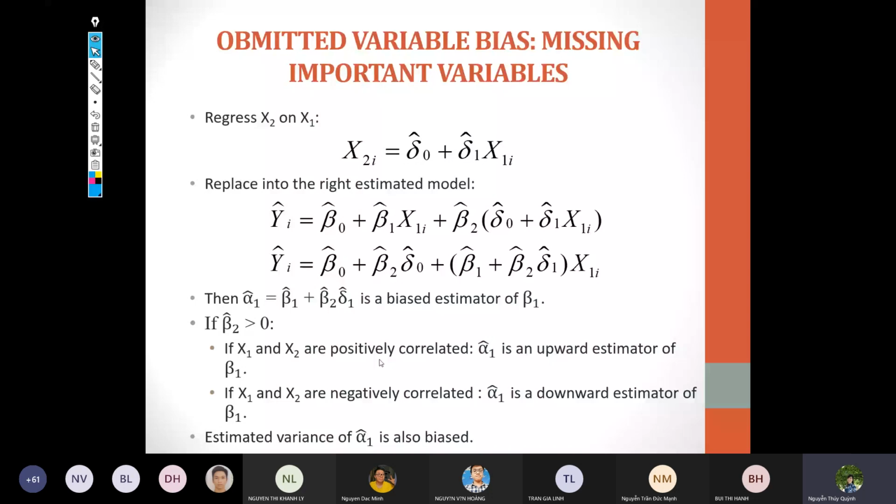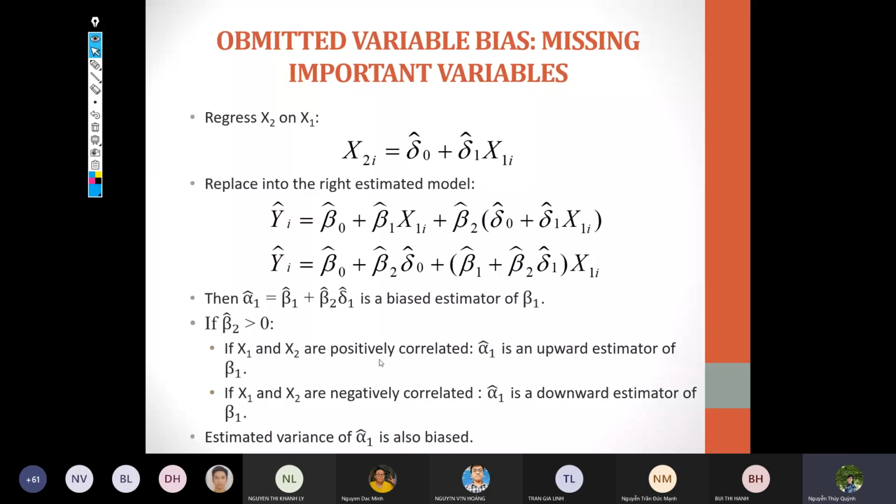So in the case where we omit important independent variables of the model, the OLS estimator will be a biased estimator, which means that it is no longer the best estimator for our unknown parameters.